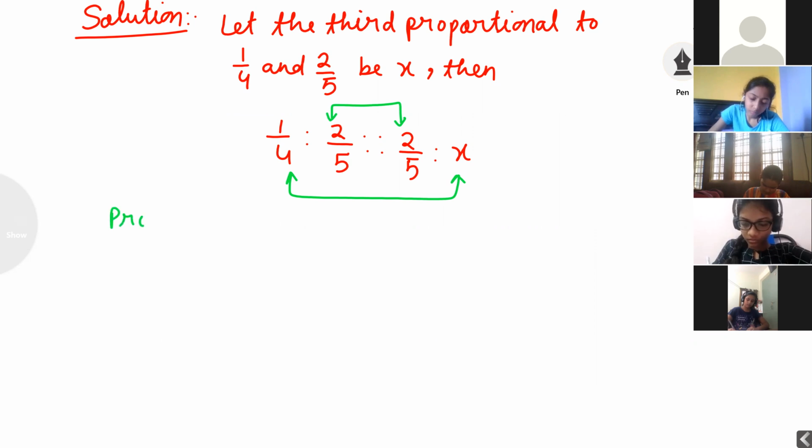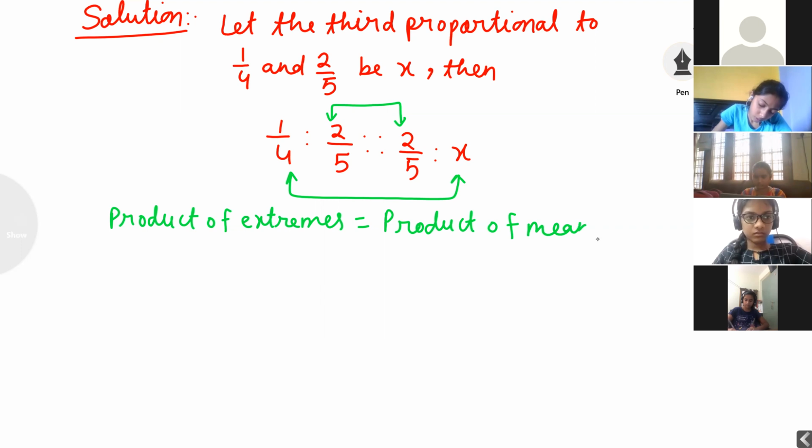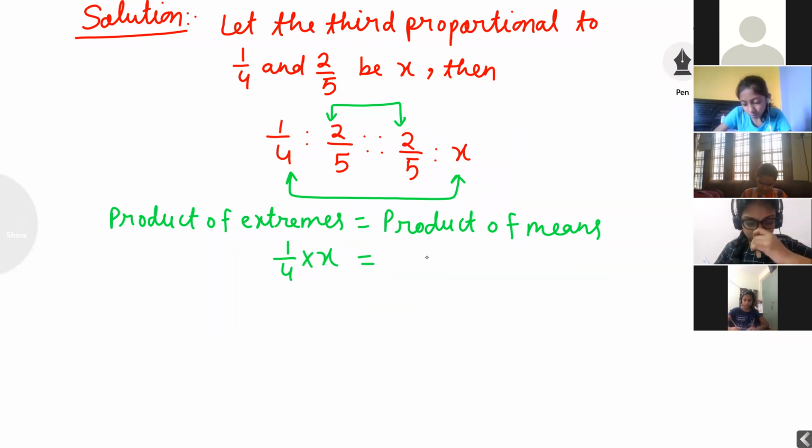Product of extremes is equal to product of means. Extreme means first and last term. 1 by 4 into x is equal to 2 by 5 into 2 by 5.